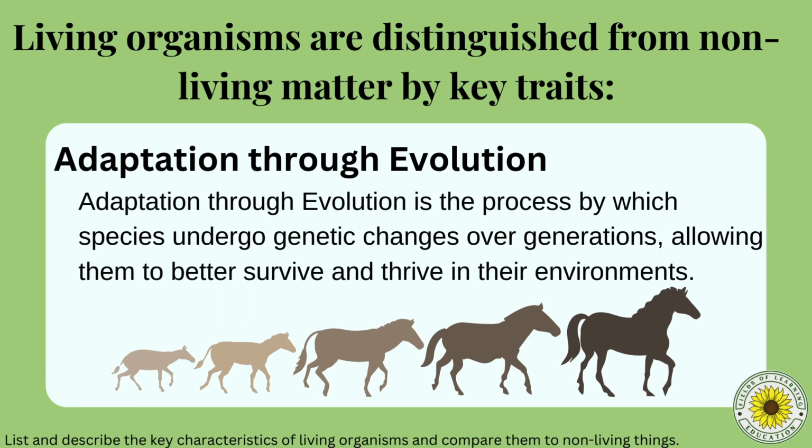This is adaptation through evolution. This is the process by which species undergo genetic changes over generations. This allows them to survive better and it actually lets them thrive in their environment. As you can see, this is what the horse used to look like. On the left side there, it was the Eohippus, is what they would call it, and it had 4 toes, which had a hoof on each toe.